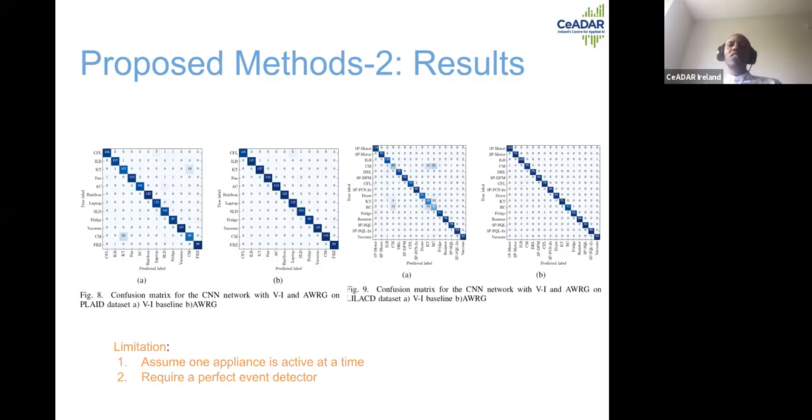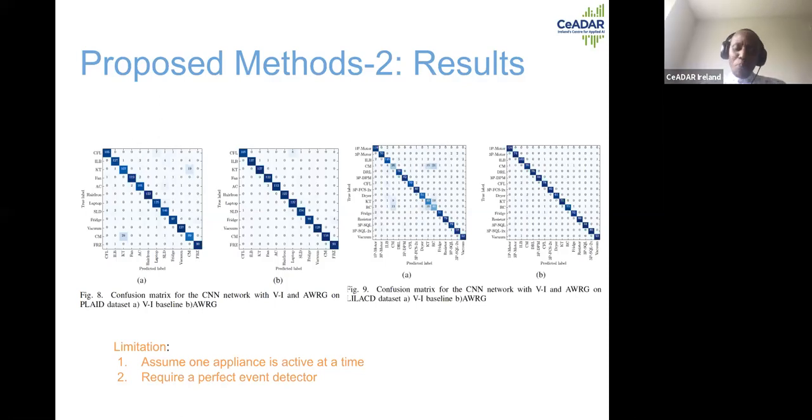But two, this requires a perfect event detector, because remember, to get the appliance feature, you need to extract currents before and after events and then do subtraction. So if you miss the event, you never get a good current signal for feature representation. Now, this is one of the limitations that we found for this particular approach.